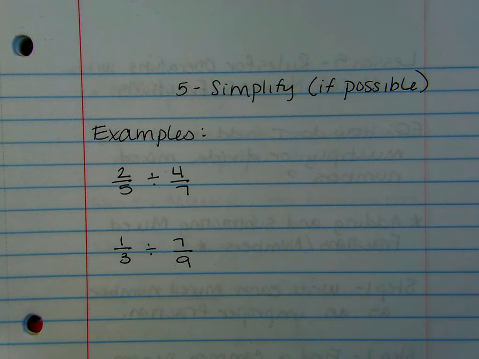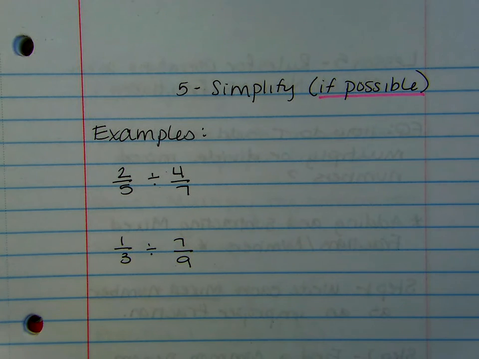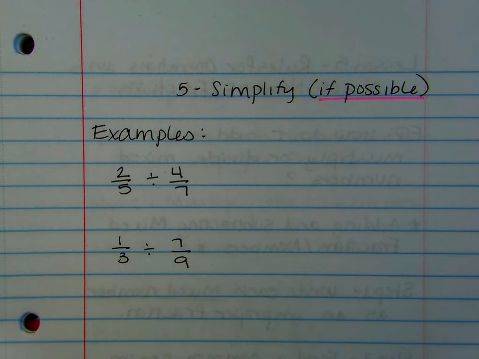So again, we're going to simplify, and this is big, if possible. Once again, we're not always going to be able to simplify, but we really want to try and do so if we can. All right, now let's go ahead and get going on those equations.